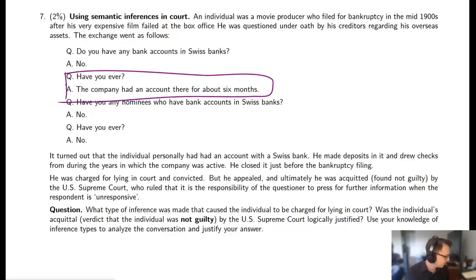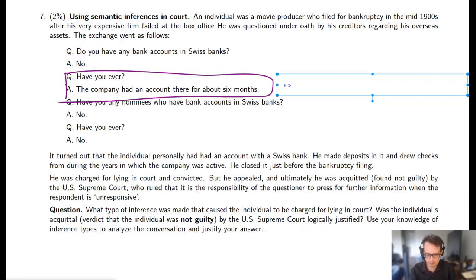Do you have any bank accounts in Swiss banks? No. Have you ever? The company had an account there for 6 months. So when the defendant says the company had an account there for 6 months, this is done intentionally. Basically, he's trying to not answer the question directly about himself. He's implying something.